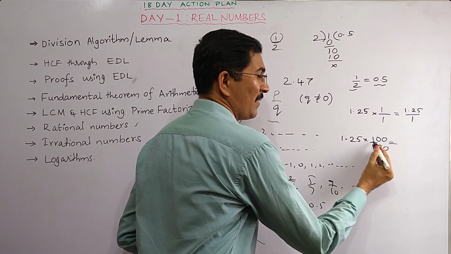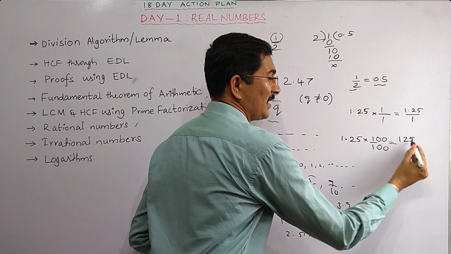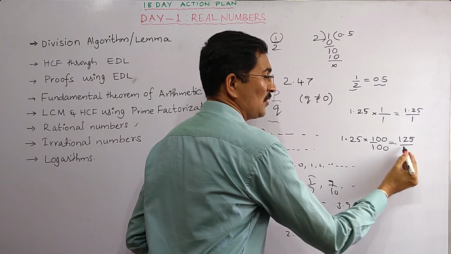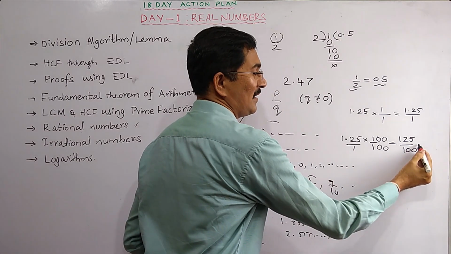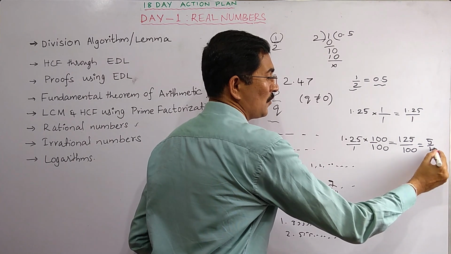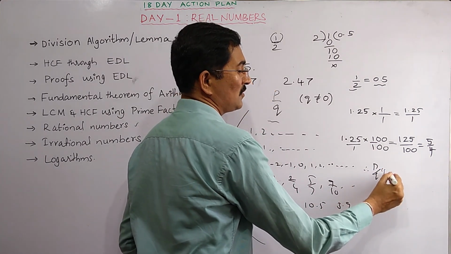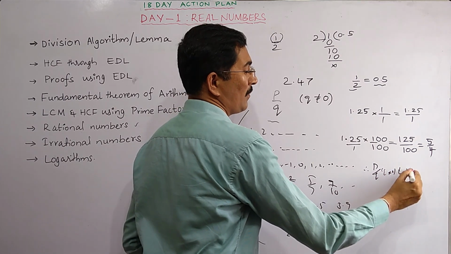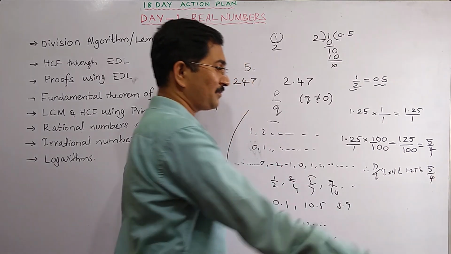Now if you multiply by 100, this 1.25 becomes 125, and 100 is as usual 100, because it has nothing to multiply, maybe 1, so 1 into 100 is 100, and on cancellation we get it as 5 by 4. Therefore the p by q form, where q is not equal to 0, of 1.25 is 5 by 4.